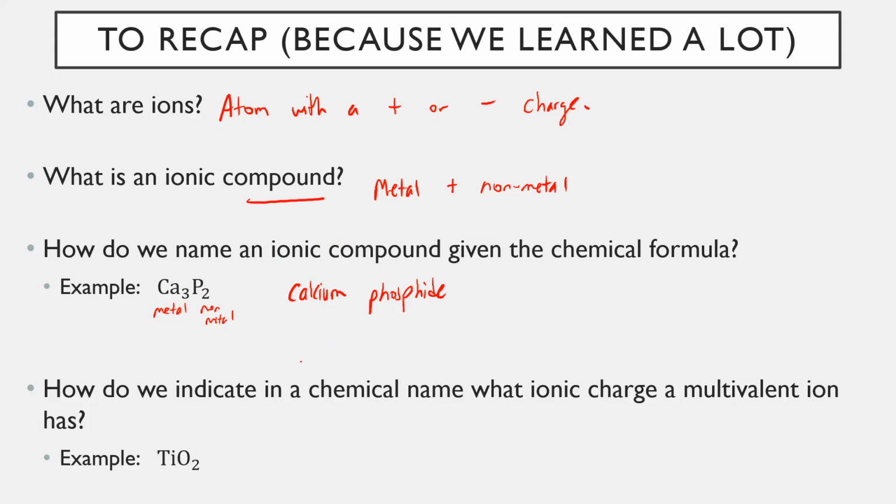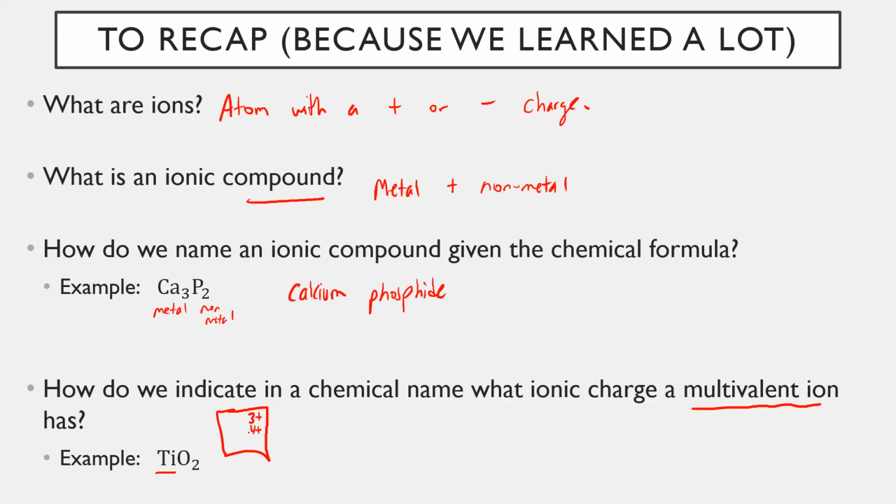Last one here, how do we indicate in a chemical name what ionic charge a multivalent ion, one that has more than one charge, has? So if we have TiO2, look at Ti on the periodic table. Ti is titanium. I'm just scanning the periodic table for it. Okay, found it. It's kind of on the left side. Titanium has either a 3 positive charge or a 4 positive charge.